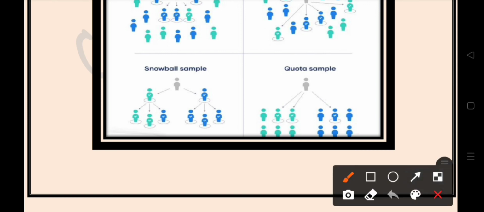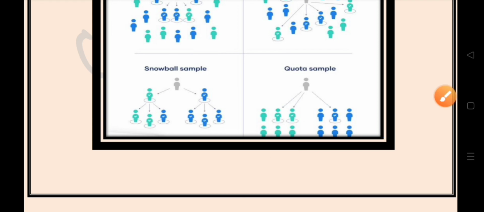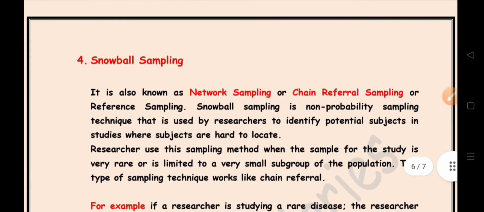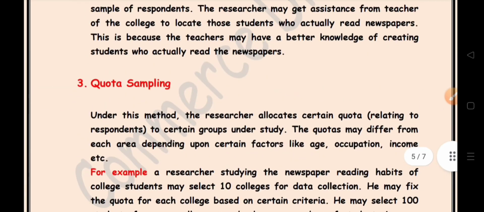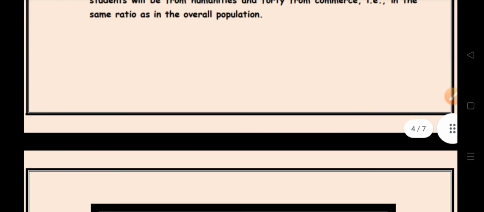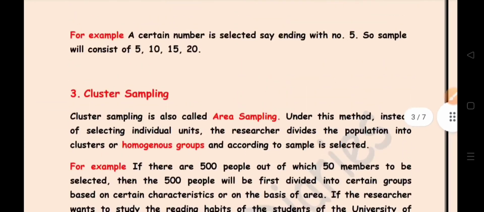Here, by fixing a quota or particular parameters, the researcher will select his sample according to the need of the research study. So this was a quick study of the sample and sampling techniques.